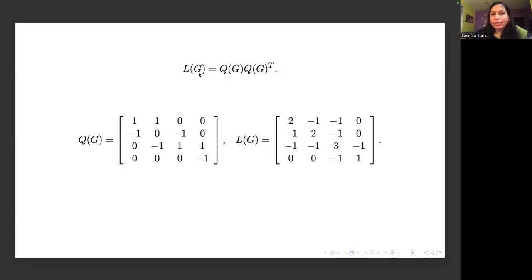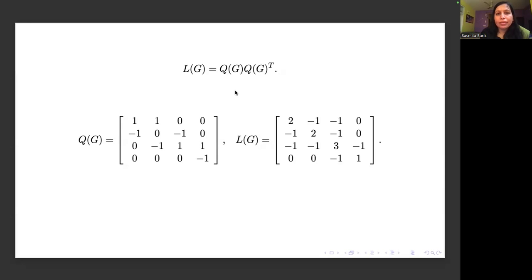So what do we observe? L is Q into Q transpose, and that tells us that the matrix is positive semi-definite. So L_G will be positive semi-definite. You know this, right? Any matrix that you express as A into A transpose will obviously be positive semi-definite, because you can take X transpose L_G X, which is X transpose Q Q transpose X. If I assume that X transpose Q is some vector, then it will look like X into X transpose, and that will always be non-negative.